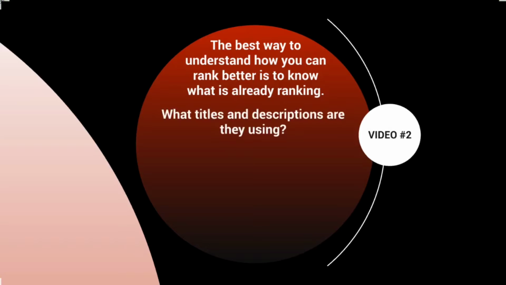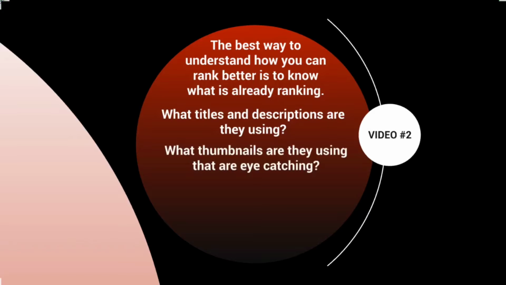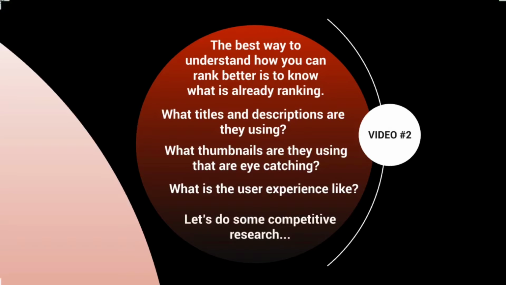I want you to specifically look at what titles and what descriptions they are using, what thumbnails they are using that are eye-catching, and what the user experience is like when you click through those videos. So let's go ahead and do some competitive research.